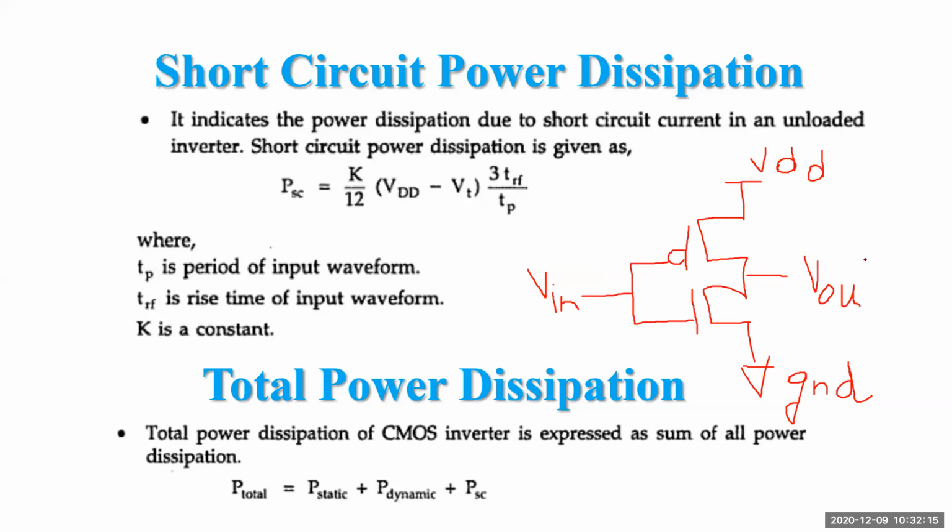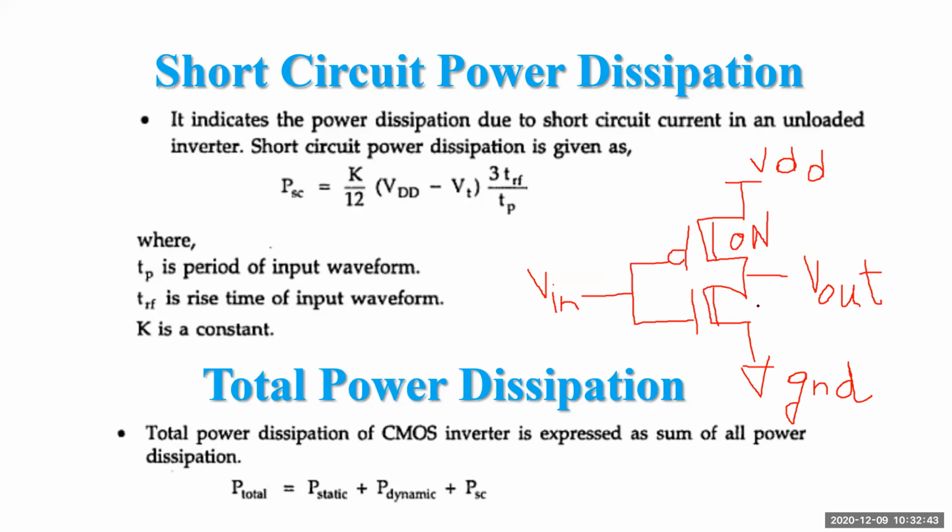Whenever this input is switching from 0 logic to high logic or from high logic to 0 logic, in between this switching time, for a small fraction of time, a channel is created between the two transistors. Both will be on for a small fraction of time. Whenever both are on, a channel has been created.